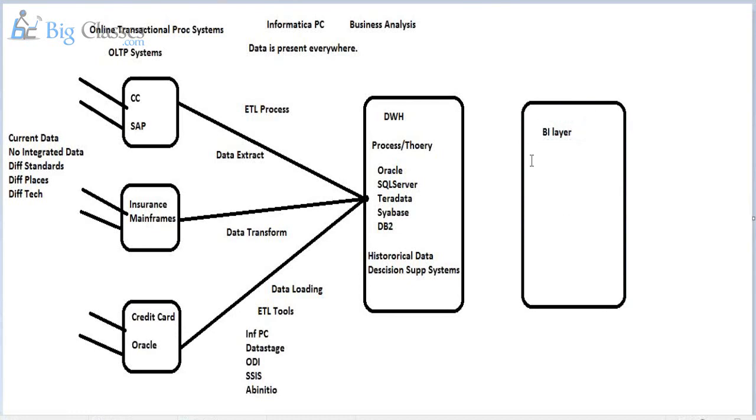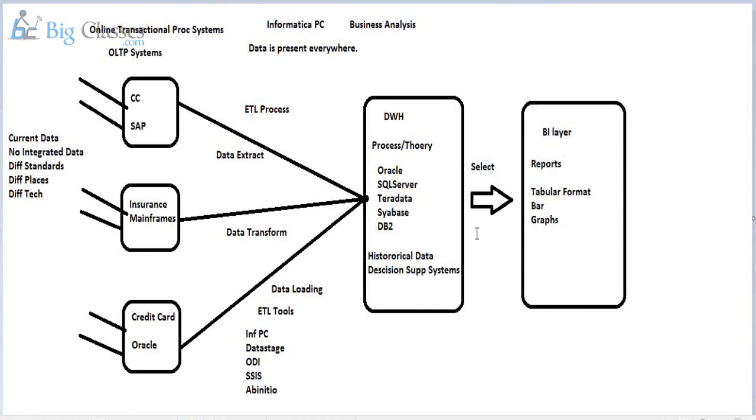Within this layer, we present the data in tabular format, or in bar or graphical mode, in different formats, and we create the reports. The data from the data warehouse is selected and represented in the form of reports.